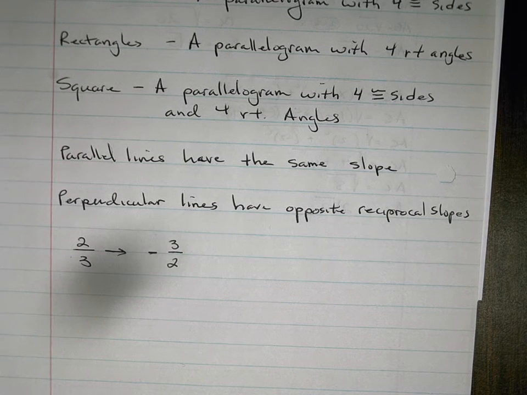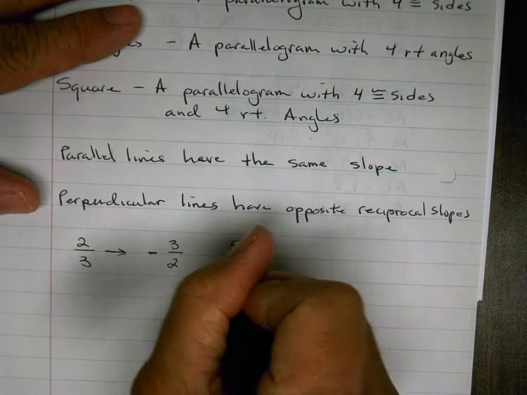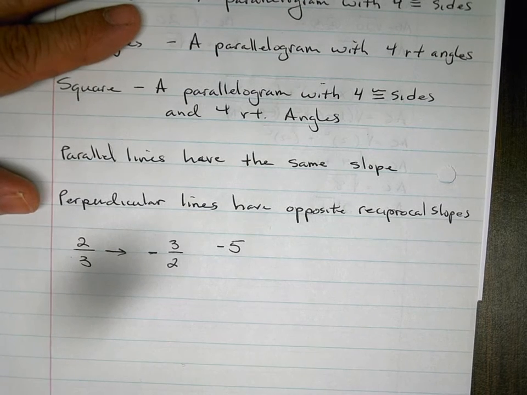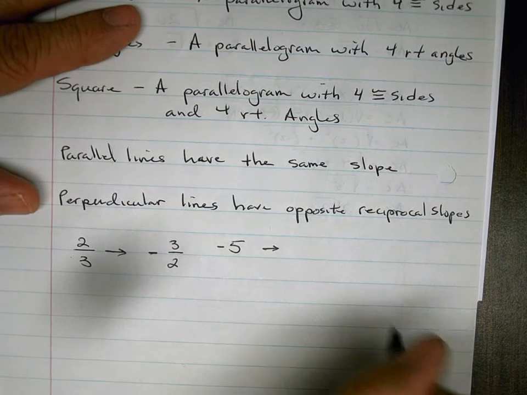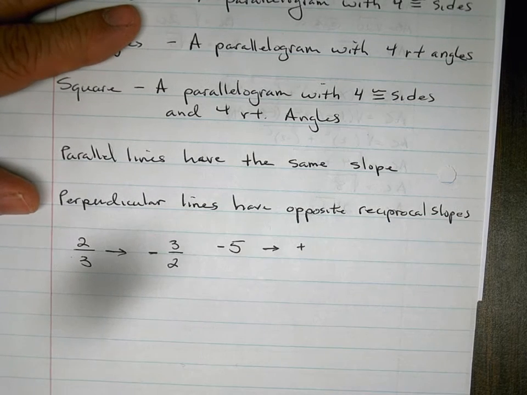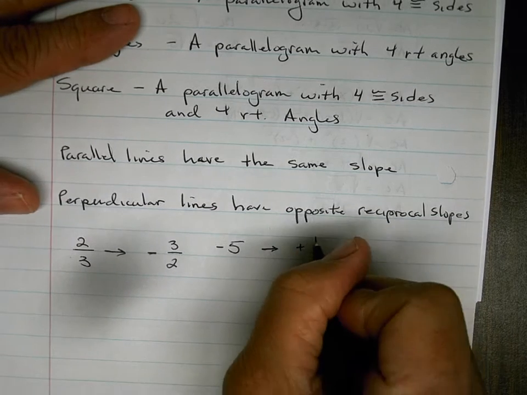Refliprical helps. You flip it. 2/3 becomes 3/2. All right? If we had, say, -5, the opposite reciprocal of that would be, first, negative. The opposite of negative would be positive, and the reciprocal of 5 is 1/5.